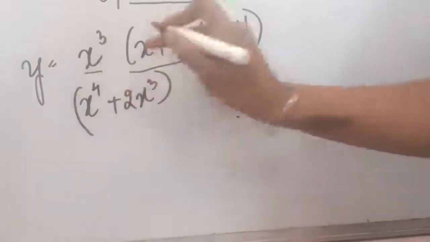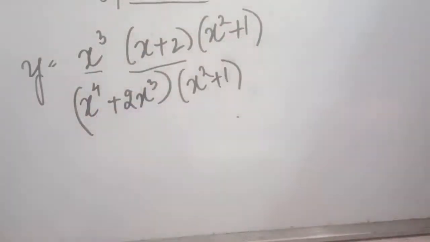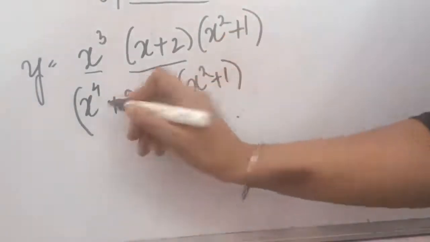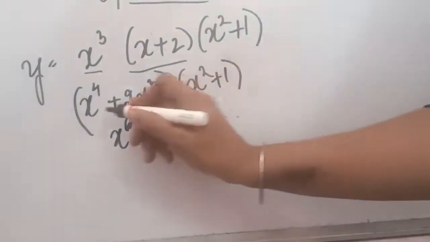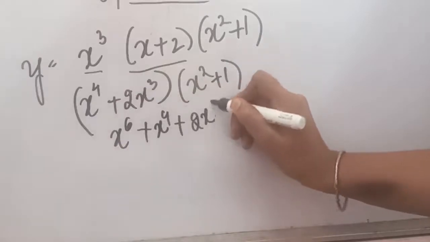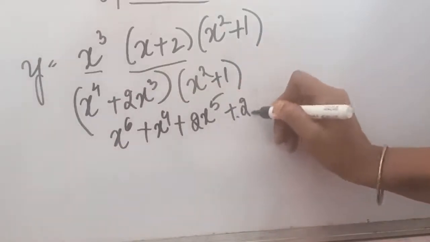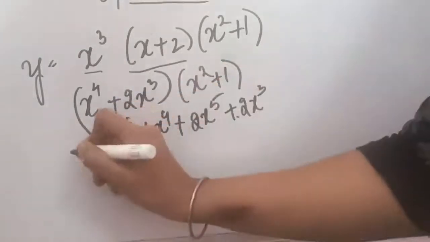So these first two brackets have been solved, and after that we have been given x square plus 1. Now we can open the brackets as we have done. By opening the brackets, it will be x power 6 and then x power 4 plus 2x power 5 plus 2x cube. I have just multiplied the first term with both and the second term with both.